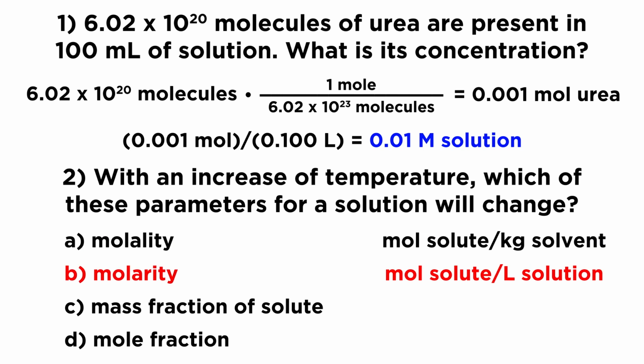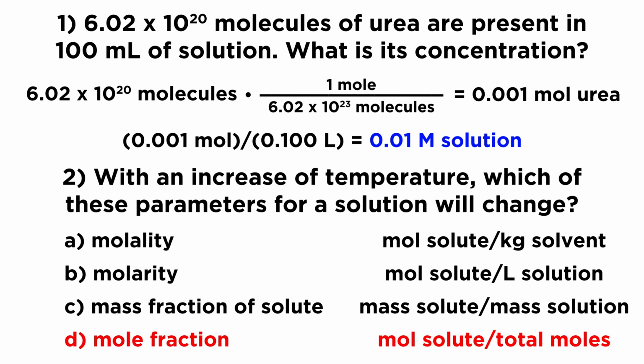Molarity is moles solute per liter of solution. Mass fraction of solute just means we're looking at the mass of the solute as a fraction of the mass of the total solution. And then mole fraction is pretty much the same thing, just for moles. We're looking at the moles of some solute as some fraction of the total number of moles in solution.